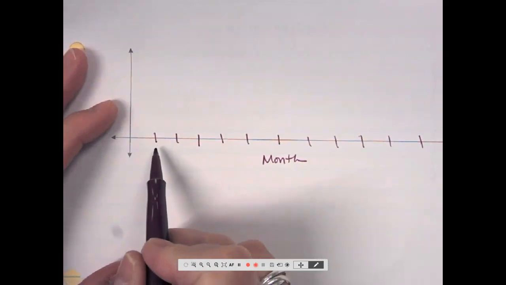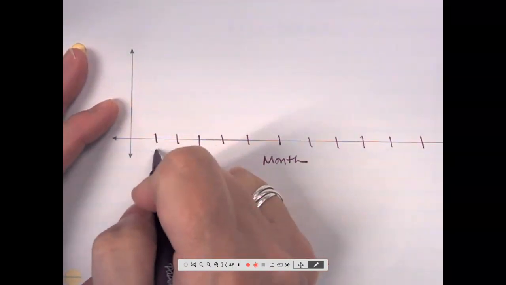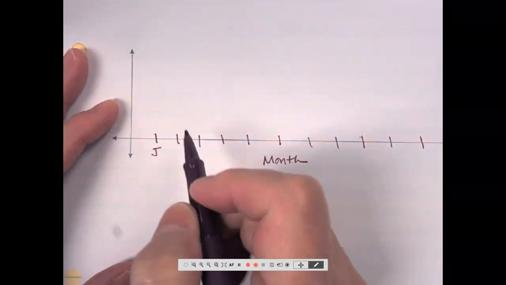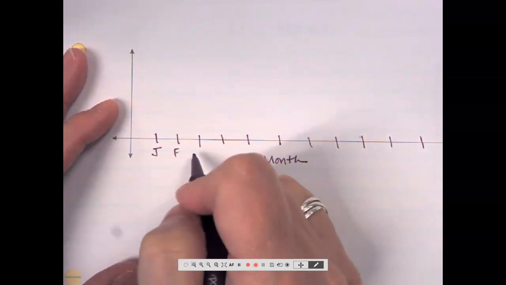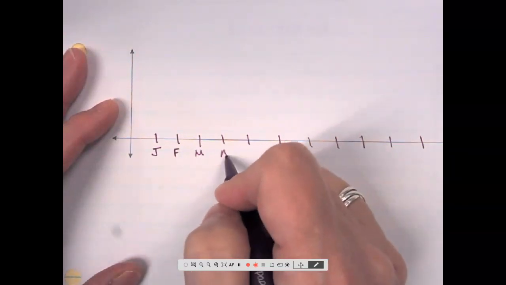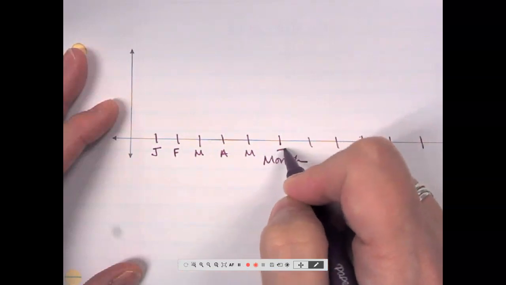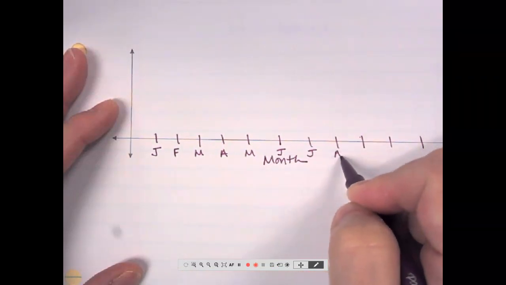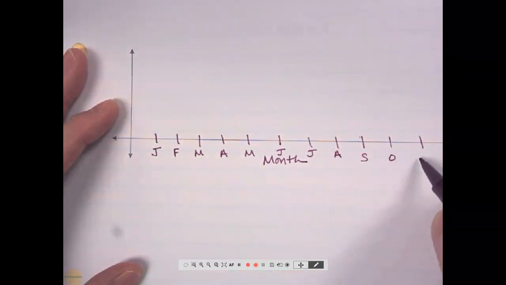Okay, so I could put 1 through 12, but what I'm going to do is just put the letter for the month. So I'm going to say January, February, March, April, May, June, July, August, September, October, November, December.